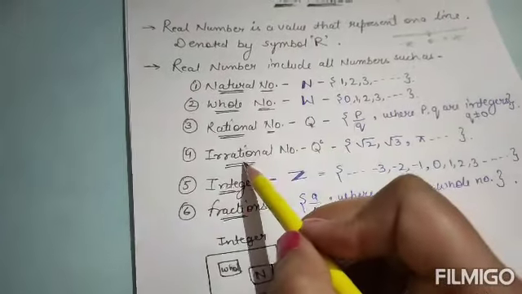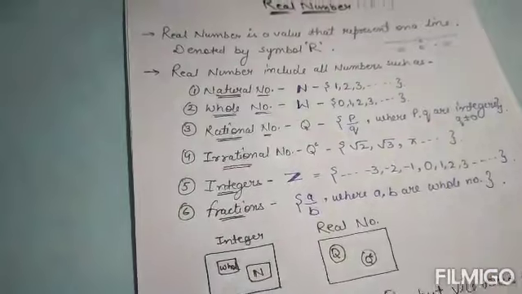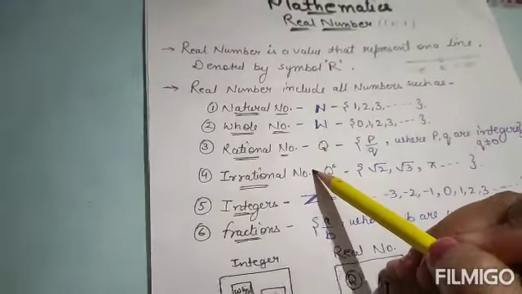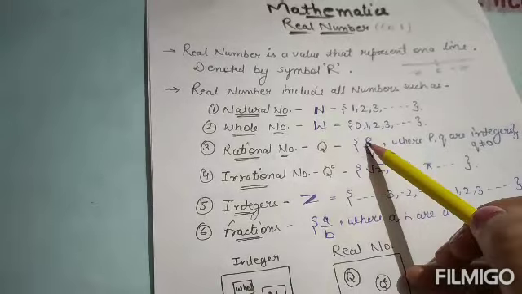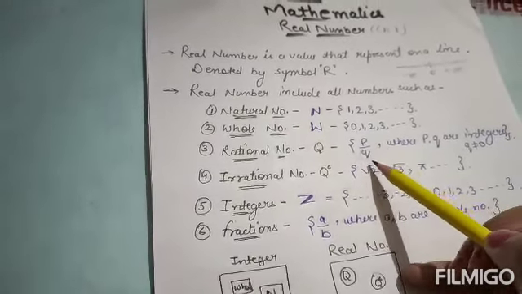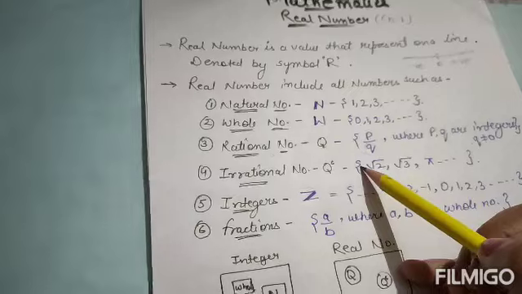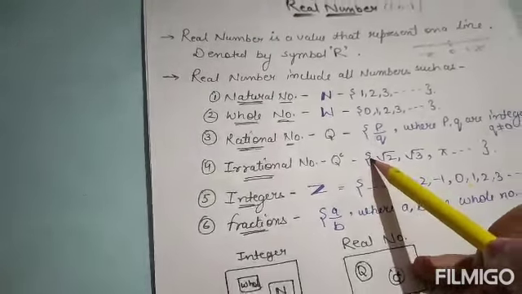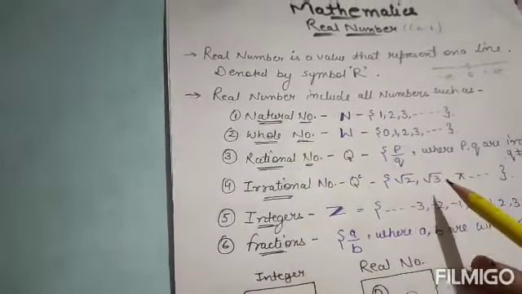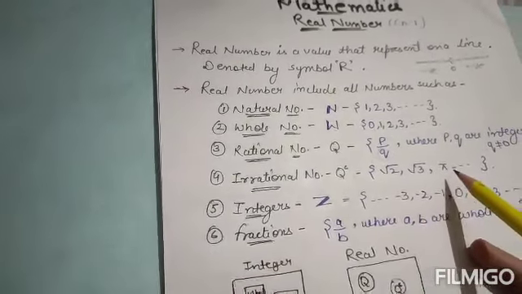Fourth, irrational numbers. Irrational numbers are those numbers which cannot be represented in the form of p by q, and these are non-terminating and non-repeating. For example, root 2, root 3, pi.